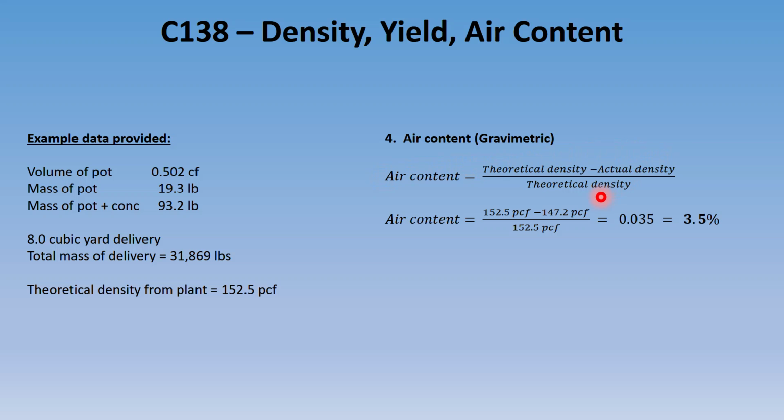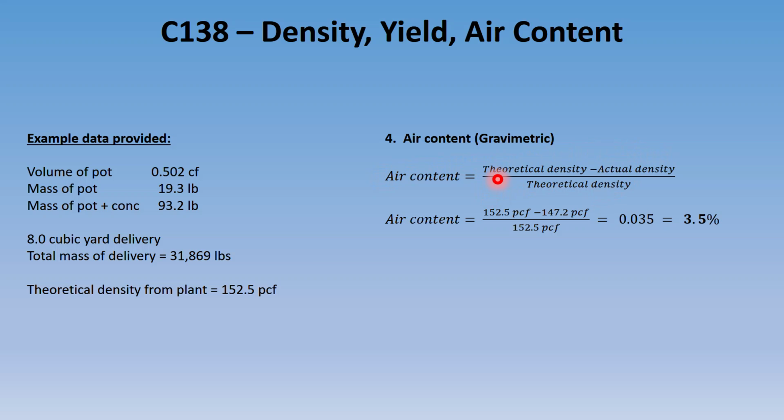Theoretical density would be the density of all of those materials in that concrete if air were not considered and air were removed. The actual density that we do measure does include air, right? Because we have that entrained air, those microscopic air bubbles. So theoretical density is always higher than actual density of concrete.